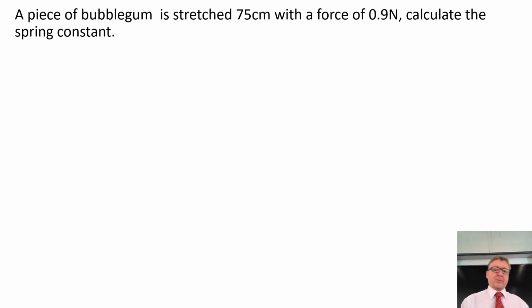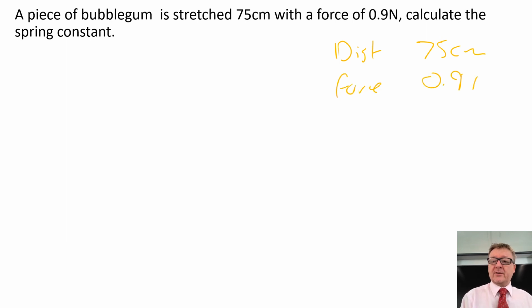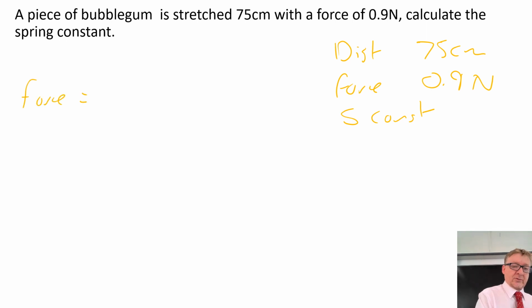A piece of bubblegum is stretched 75 centimeters. So that must be a distance because it's in centimeters. With a force of 0.9 newtons. Calculate the spring constant. Right, so we look up our formula. Force equals spring constant times extension.